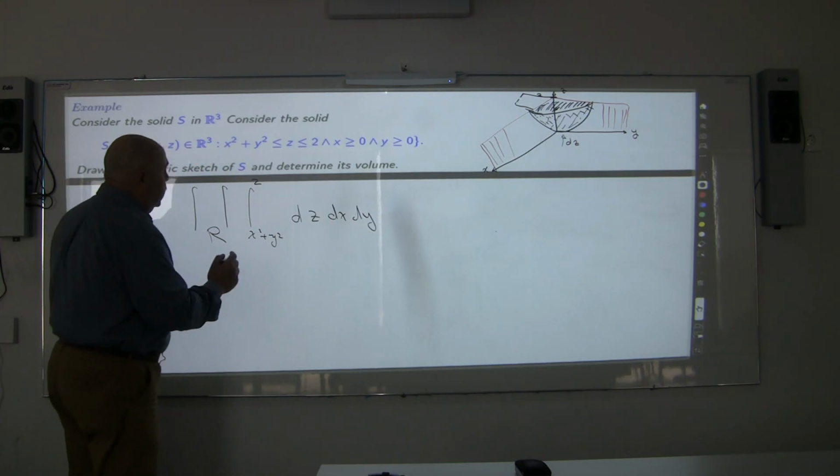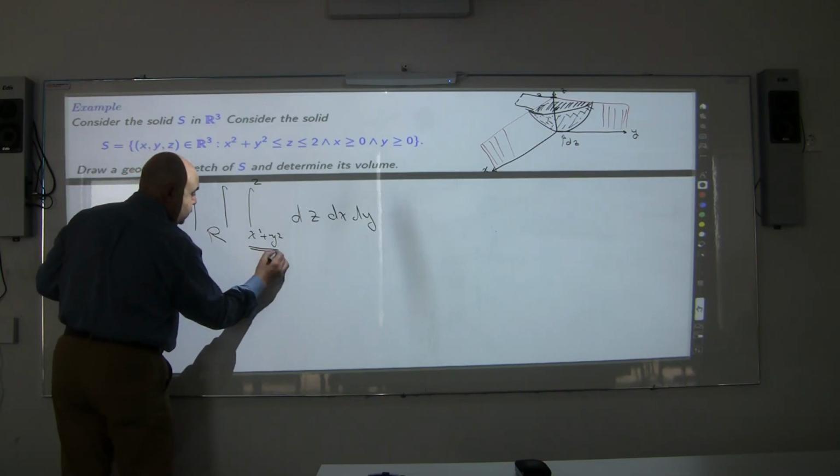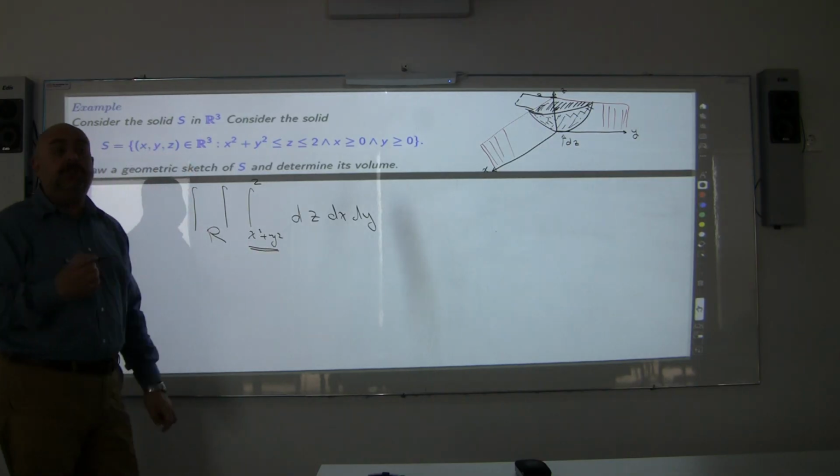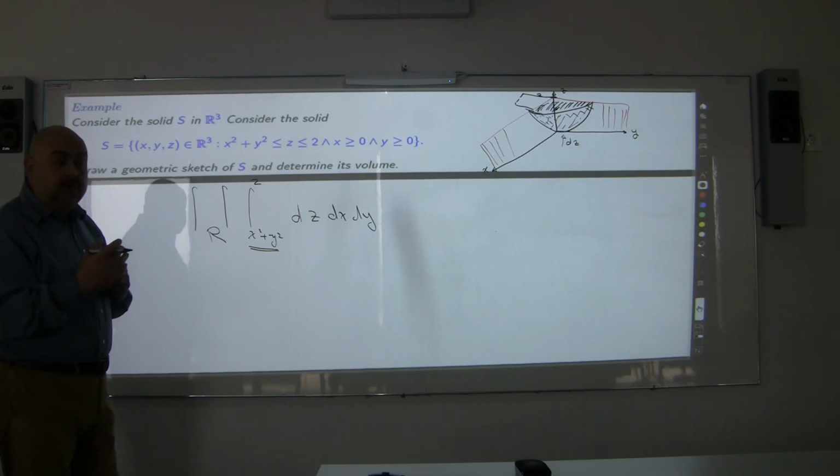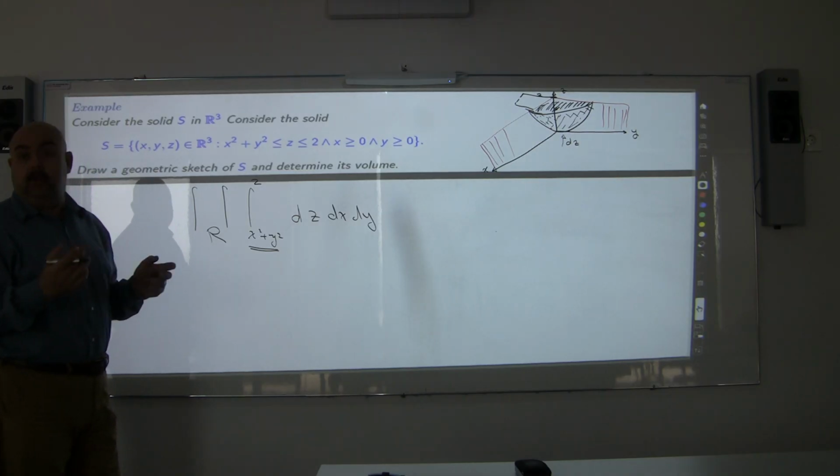The main issue here is we are talking about x squared plus y squared. So changing to cylindrical coordinates will be a good idea.